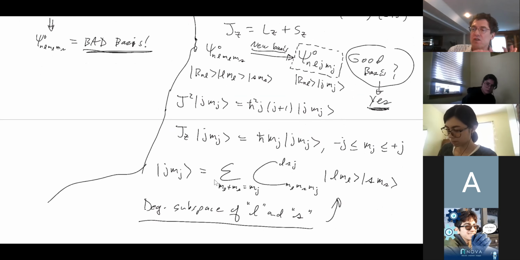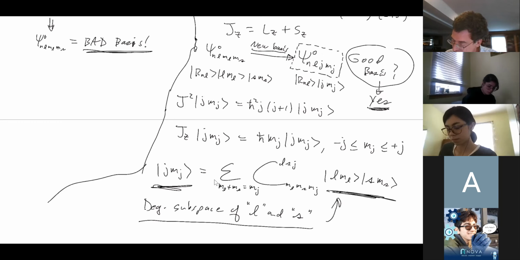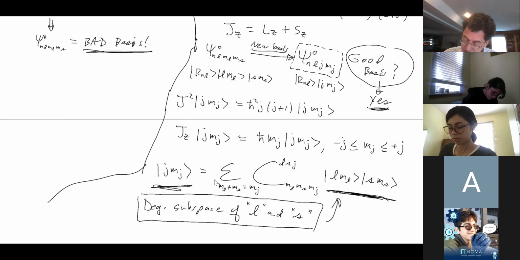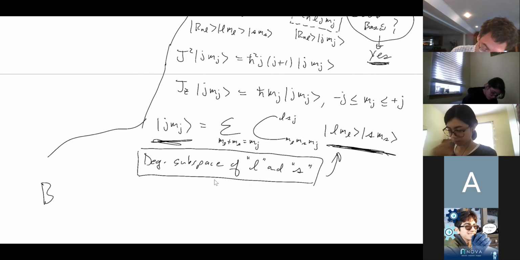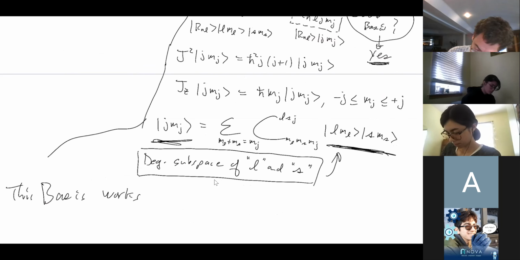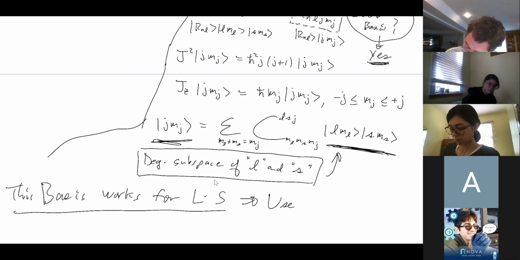Basically, this definition of adding angular momentum just shows you that we're rearranging the states in the degenerate subspace, so this is an okay thing to do. This basis works for L dot S. Then we can use our perturbation formulas with this basis.